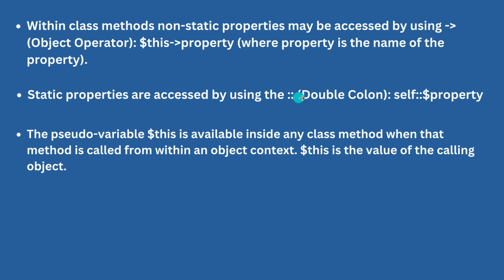Static properties are accessed by using the scope double colon, like self colon colon property. Right, guys?